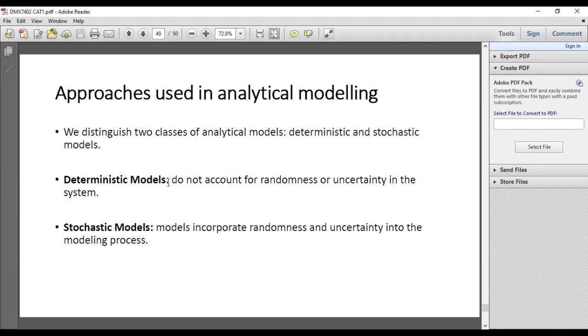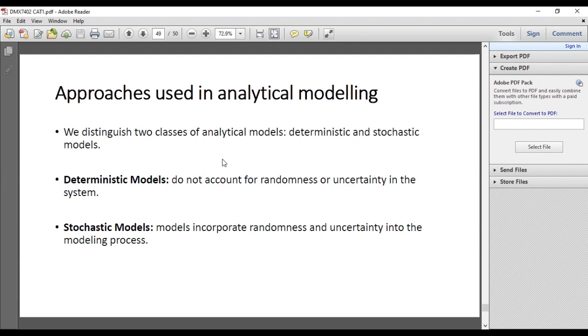In deterministic models, we do not count randomness or uncertainty, like product variation, breakdowns, jams or bottlenecks.